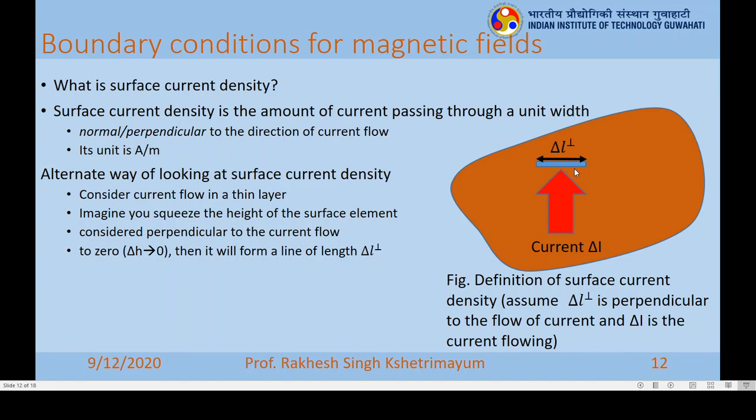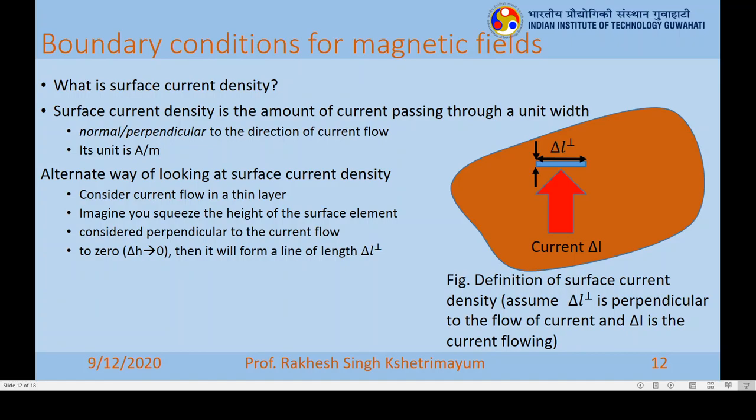What happens? You get a line of length. So when delta S tends to 0, delta S in the previous diagram will simply become delta L, a line of length delta L.